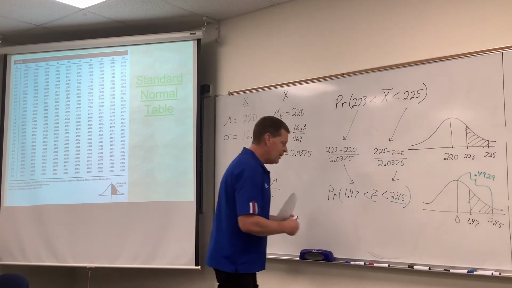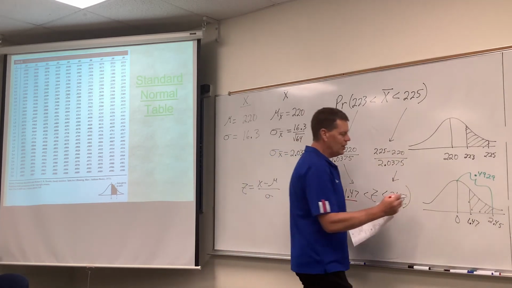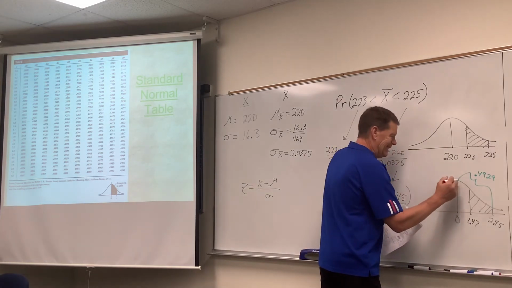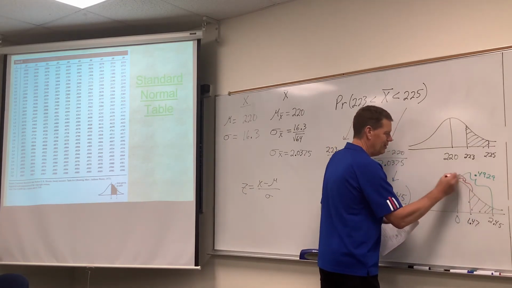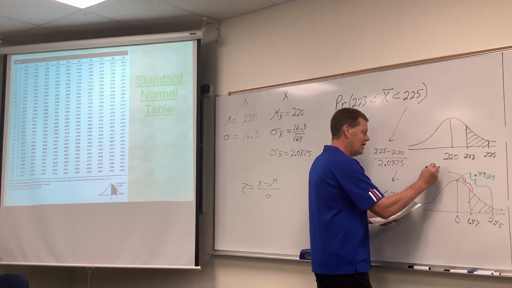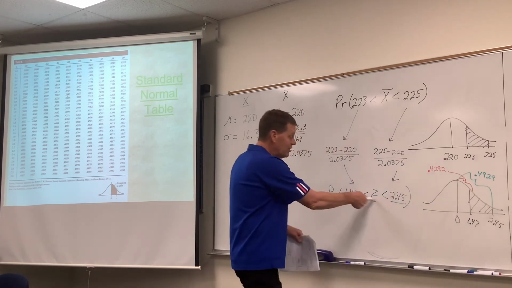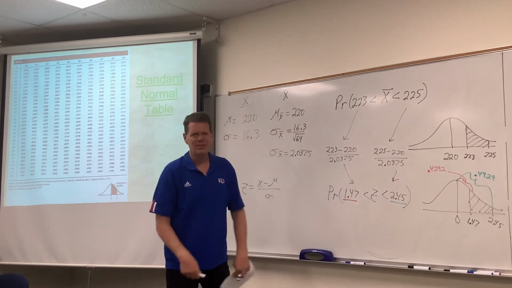All right. And then the 1.47, when you look it up, generates a middle sliver of, I didn't do a very good job of this, board space, I'm really sorry. That's 0.4292 sliver. And I hope this picture, and now everybody's hopefully going, this is so assignment 16.